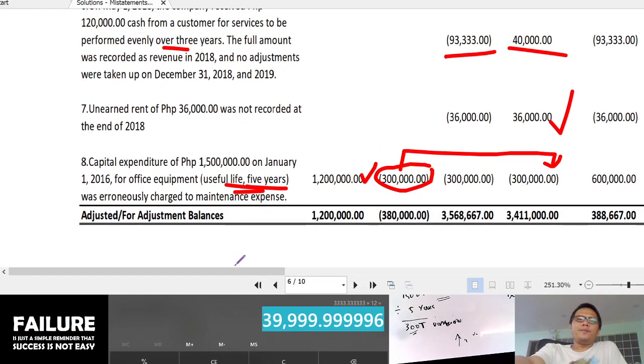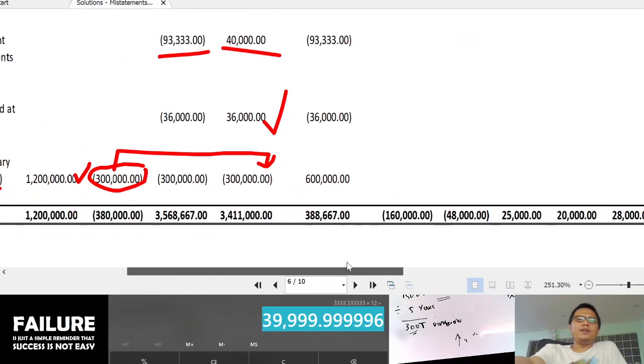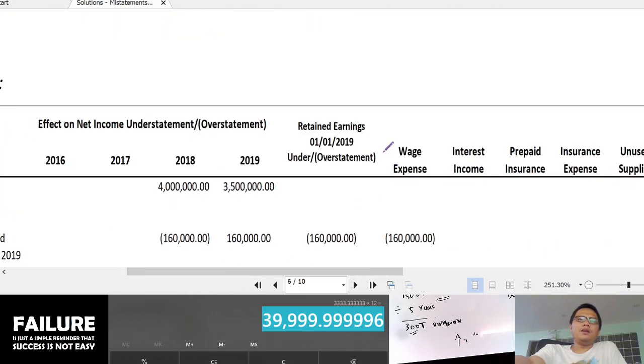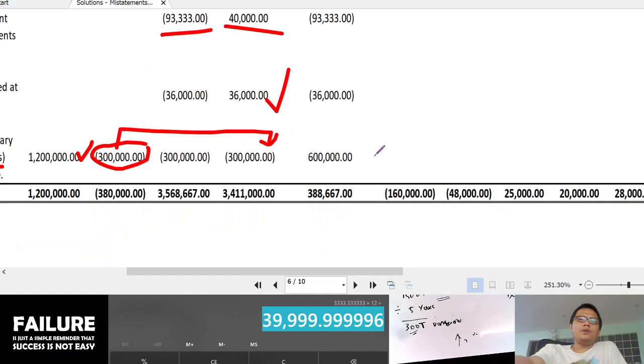Okay? So, ang effect nito sa retained earnings natin, beginning in 2019, is that ito, your understatement by 1,2 in 2016, then your overstatement of 300,000 annually from 2017 to 2018.